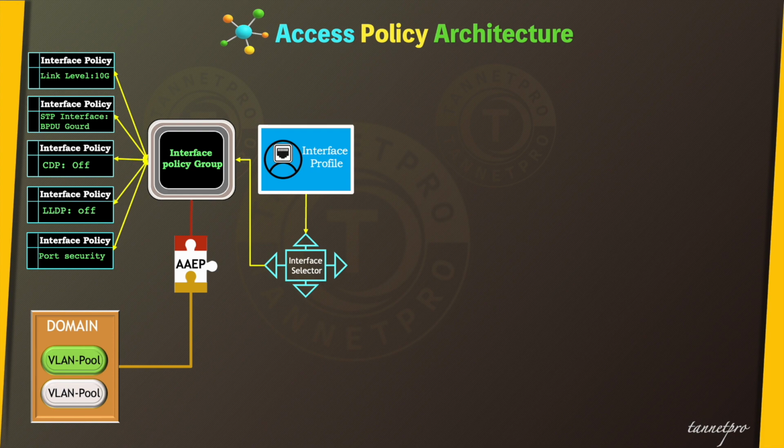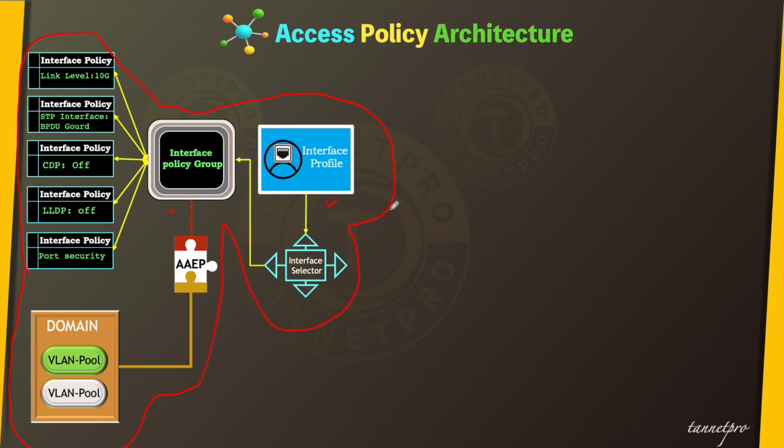This interface selector will help you call your interface policy group, and it will help you call the exact interface where you want to apply this. As of now, very important: you created the interface policy group, the interface profile and selector, tied them together on an interface, and it is bound to your AAP. So the policy group is ready, and your interface profile is also ready.